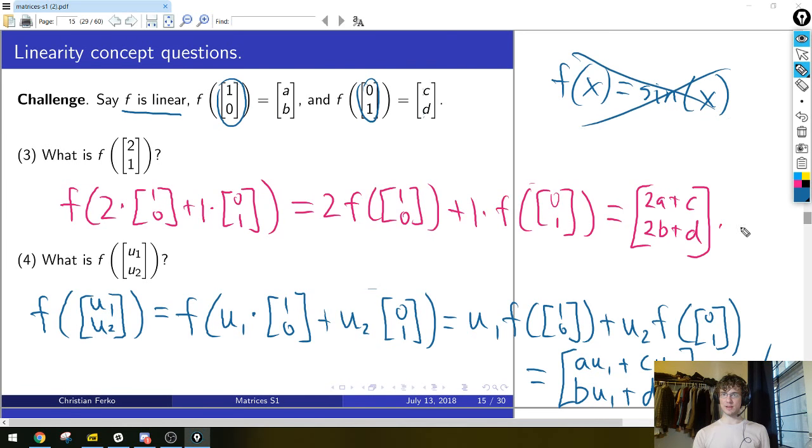So there, it's a hopeless question. But here, if f is linear, I just give you those 4 numbers which describe outputs for 2 inputs, and now we can figure out any other output. Any other f of (u1, u2) is completely determined. So the upshot of all this is these linear functions are very, very tightly constrained. You only need 4 numbers to tell you absolutely everything about the function.